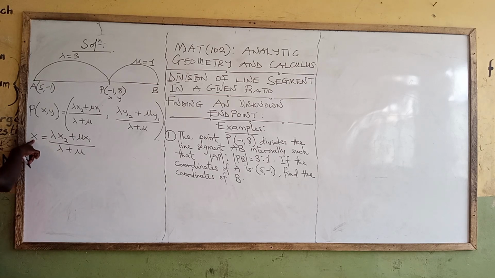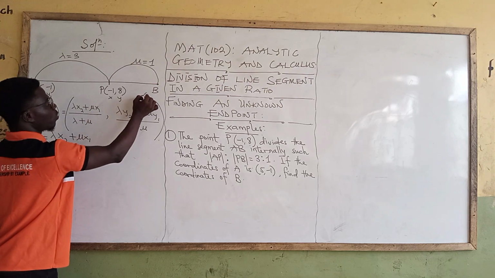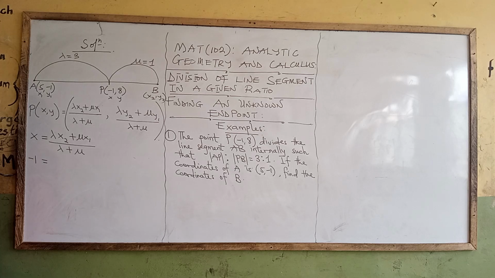So now I know that my point x is negative 1, which must be equal to this. This one is my (x1, y1), then my point B is (x2, y2). Don't forget x2, y2.